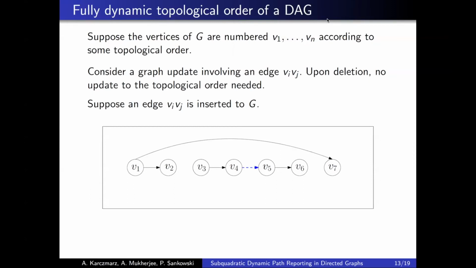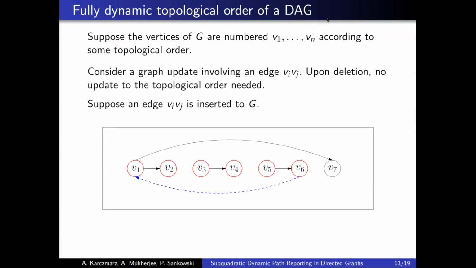So suppose Vi is greater than Vj in the topological order. For example, if we add an edge from V6 to V1. In that case, the vertices V1 to V6 might change their position.